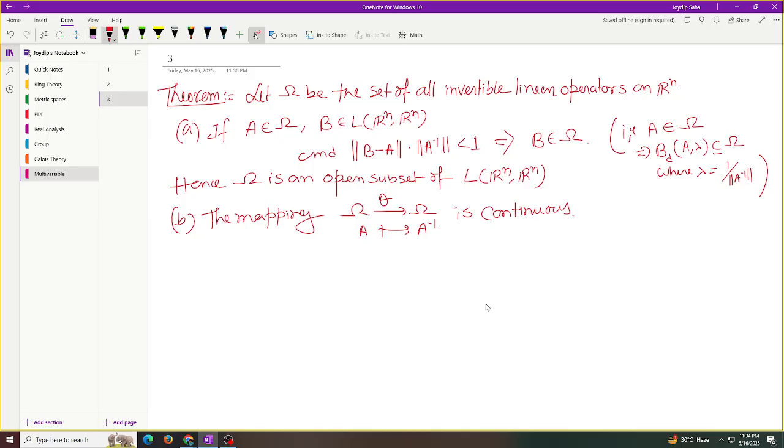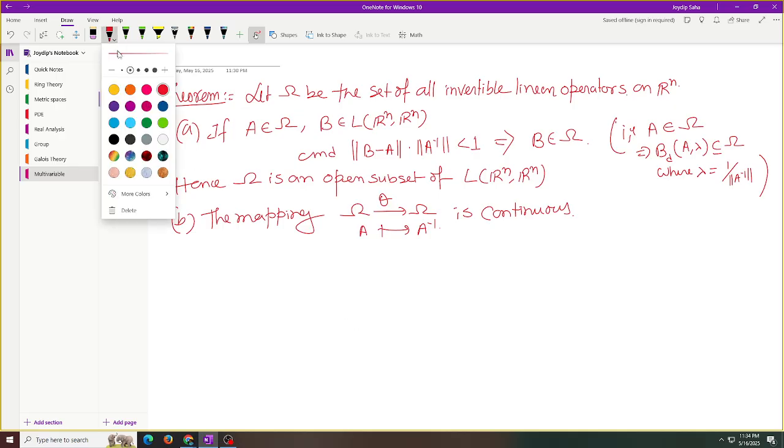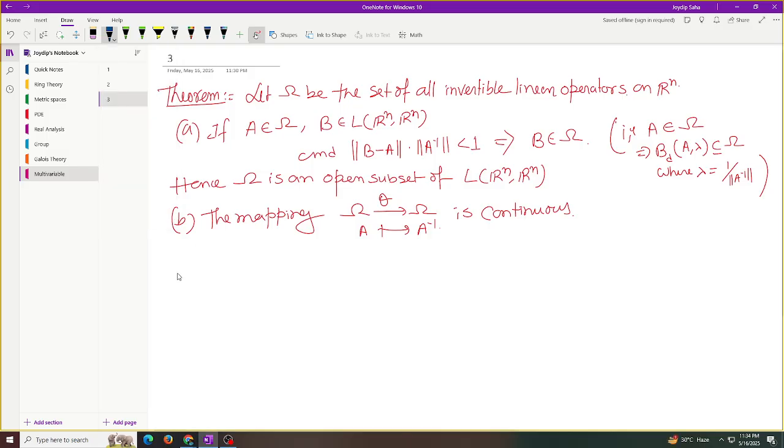It is continuous on the subspace topology on omega. Okay. Now the proof is quite computational.